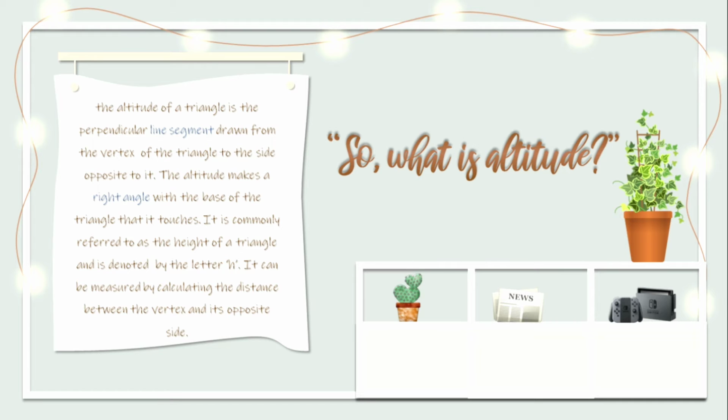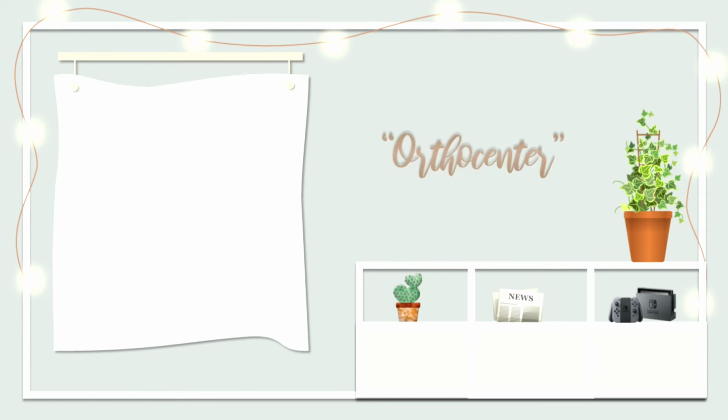It is commonly referred to as the height of a triangle and is denoted by the letter H. It can be measured by calculating the distance between the vertex and its opposite side. Consider the following triangle. In this triangle, we can see there is a meeting point of the three altitudes of the triangle. This point is referred to as the orthocenter.